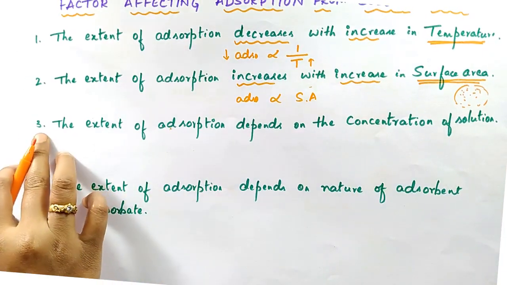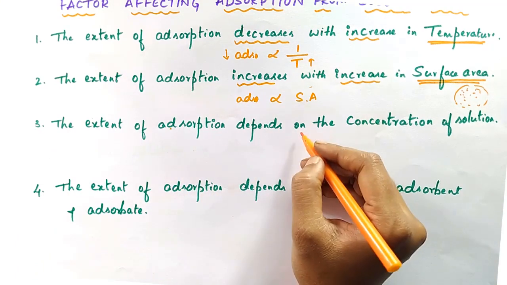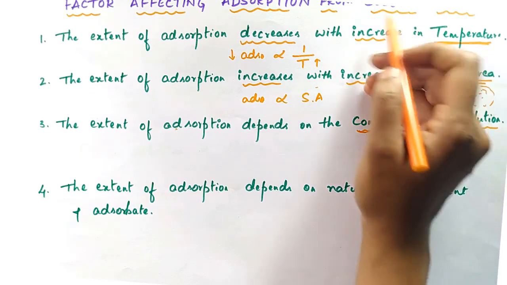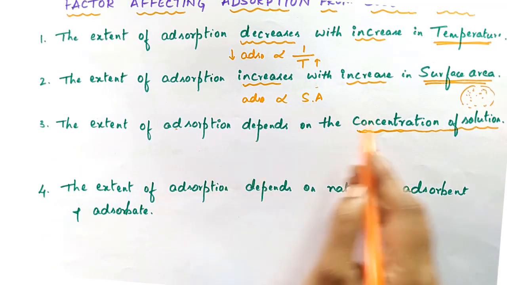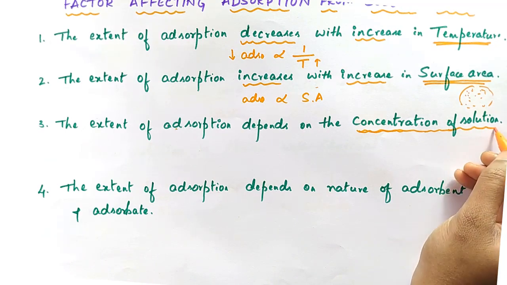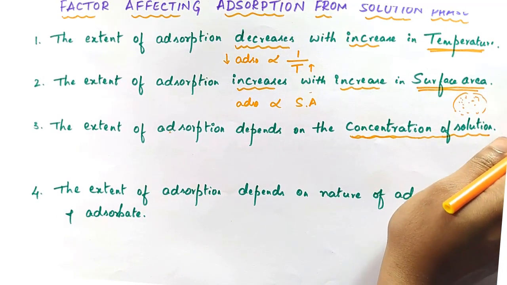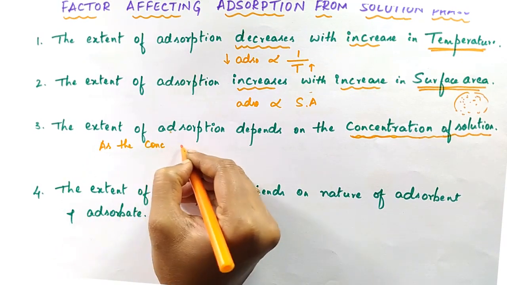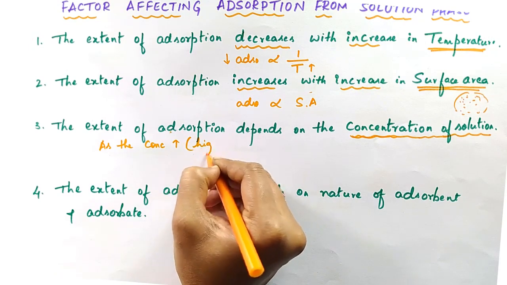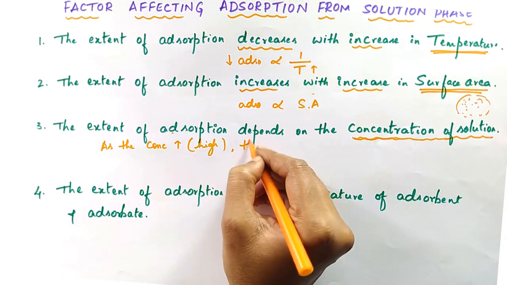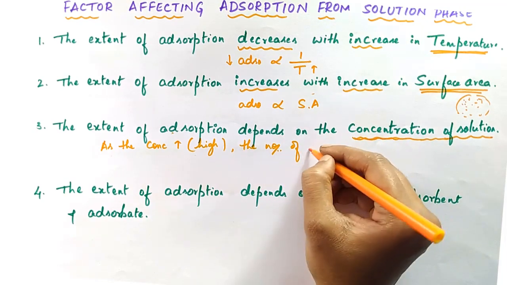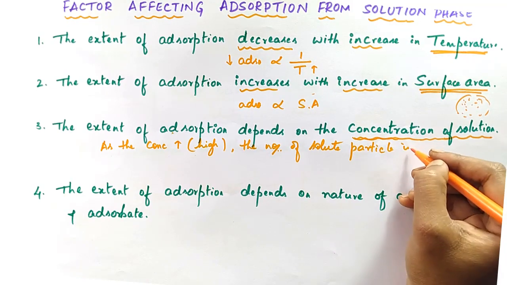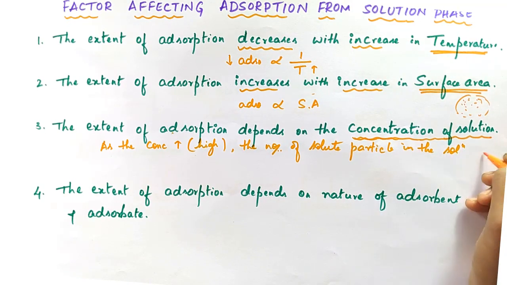Next, coming to the third point, the extent of adsorption depends on the concentration of solution. This is important in the solution phase. What does it mean? Why does it depend on concentration? If the concentration is high, the number of solute particles in the solution is high.